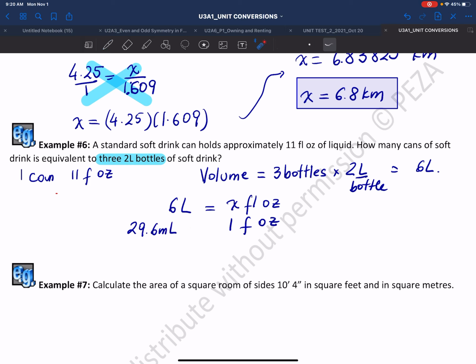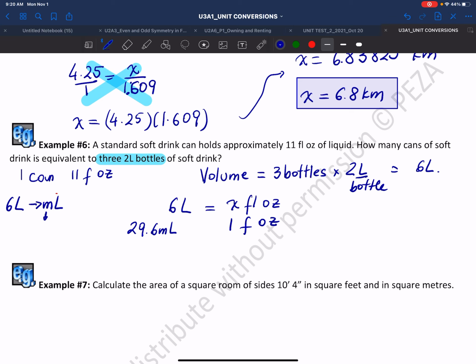Now, it is very important that if we use liters here, then we have to use liters in here. So we either convert the 6 liters into milliliters, or we convert milliliters into liters. This time I'm choosing to convert 6 liters into milliliters. Now, whenever we see the word milli, it means that it's a multiplication by 10 to the power negative 3, because it's in the thousands.